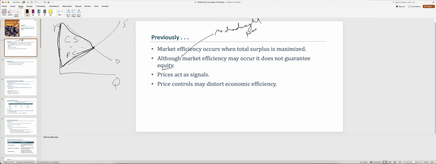But what we see, especially from chapter 4 and chapter 5, is just how important prices are, especially to the microeconomist.